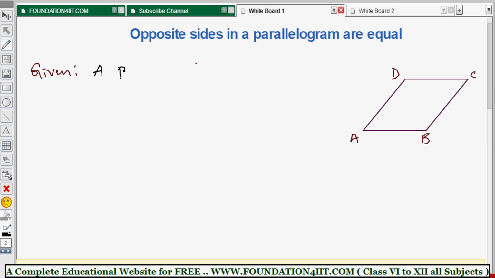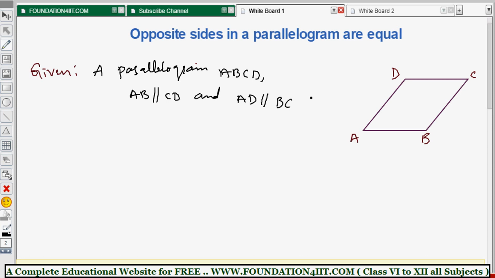Parallelogram ABCD, in which AB is parallel to CD and the other pair, AD is parallel to BC, right? So AB is parallel to CD and AD is parallel to BC. Okay, so this is the given data.